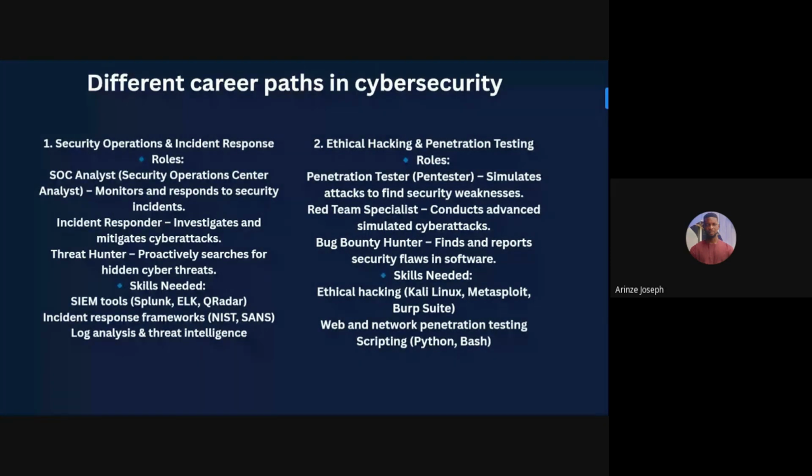There are frameworks in cybersecurity. When you talk of a cybersecurity career path like GRC, you need to learn frameworks like NIST, GDPR. I think I only put NIST and SANS. There's also GDPR. There's PCI DSS.